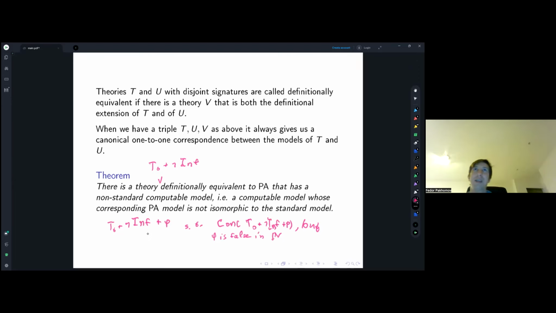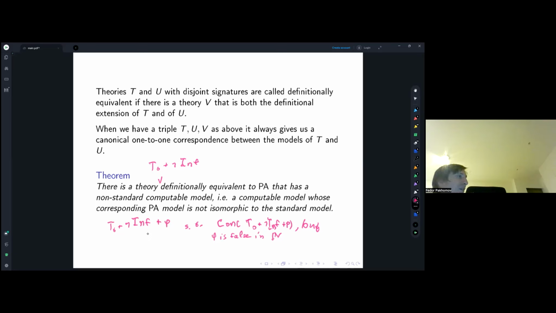If you have a sentence in the language of T0, then you could translate it to the language of arithmetic, because all predicates in the language of T0 have arithmetical definitions, and vice versa. And I guess if you require the correspondence to be a bijection between domains and everything's countable, then elementary equivalence and isomorphism will be the same.